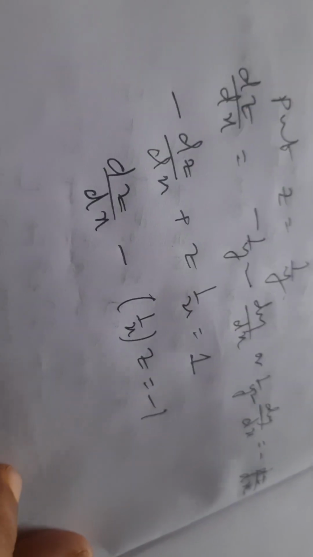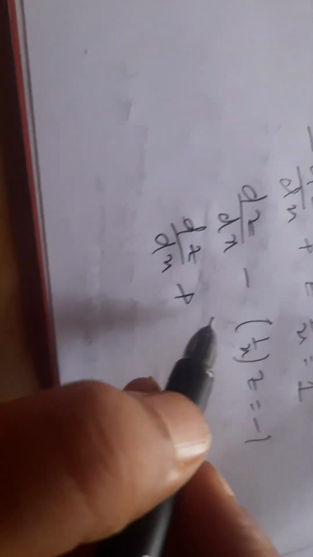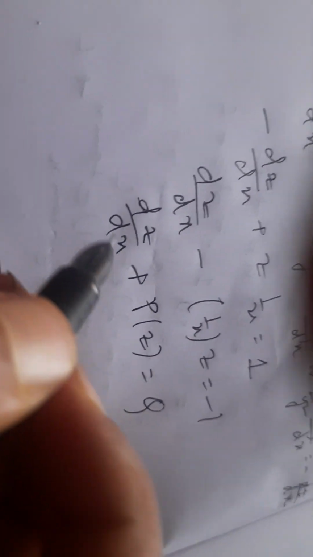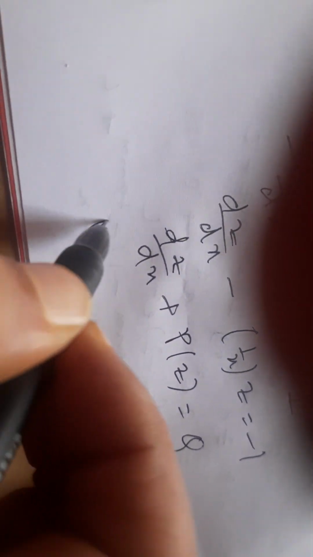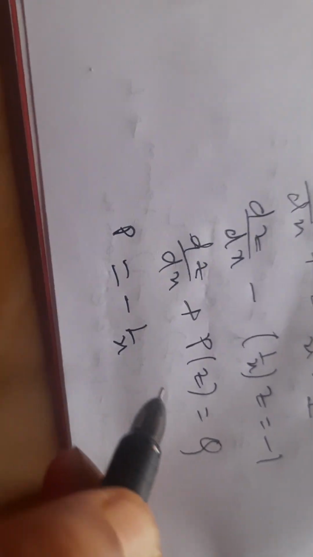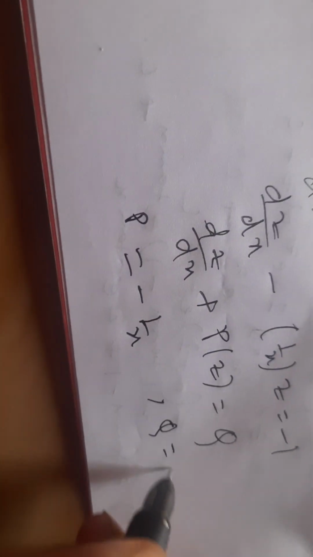Which is again of the form of a linear differential equation of first order, dz/dx plus pz equal to q, where p is minus 1 by x. p is a function of x and q is also a function of x, and q equal to minus 1.